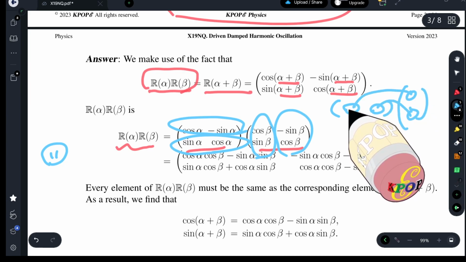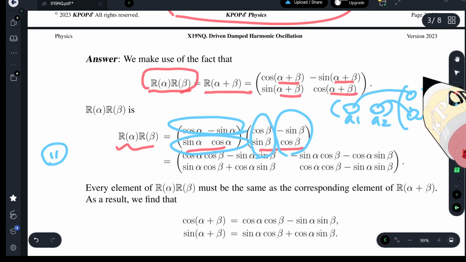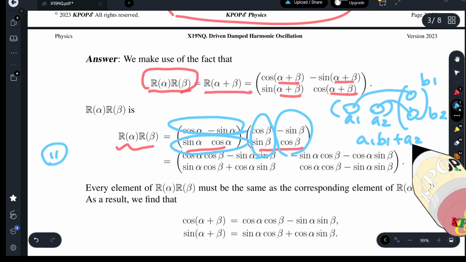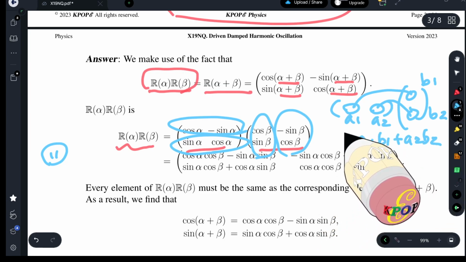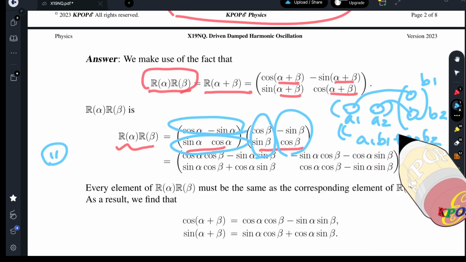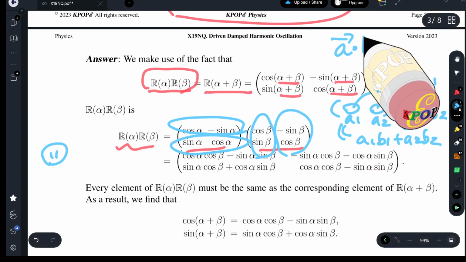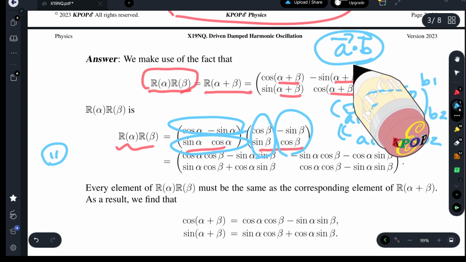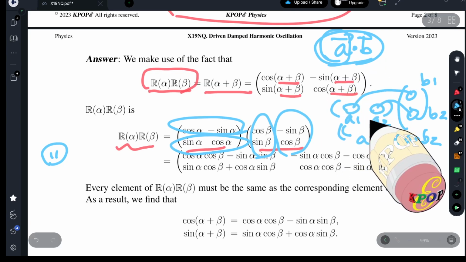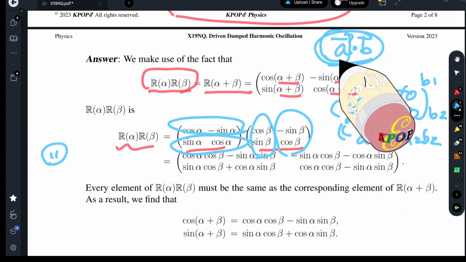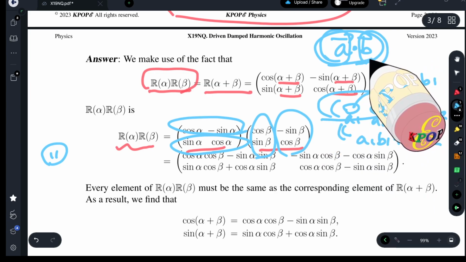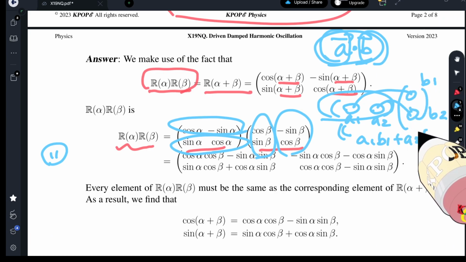If I multiply two vectors A1, A2 and B1, B2, then it is A1 B1 plus A2 B2. Who told you? Descartes told you. It originates from the scalar product of two vectors, and we have written the Cartesian components of vector A as a row vector, and Cartesian components of vector B, B1 and B2, as a column vector.